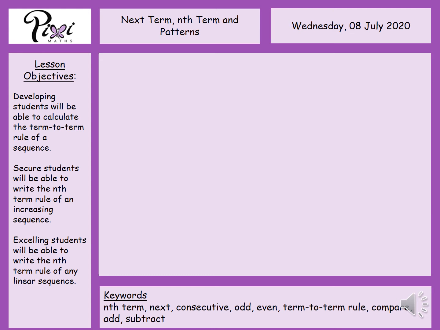So let's do a couple more practice ones, and then we can do a mixed practice. So find the 8th term of 2n. So 8th term, what does that tell us about n? That tells us that n equals 8. We then need to write out the sequence, so it's 2n.